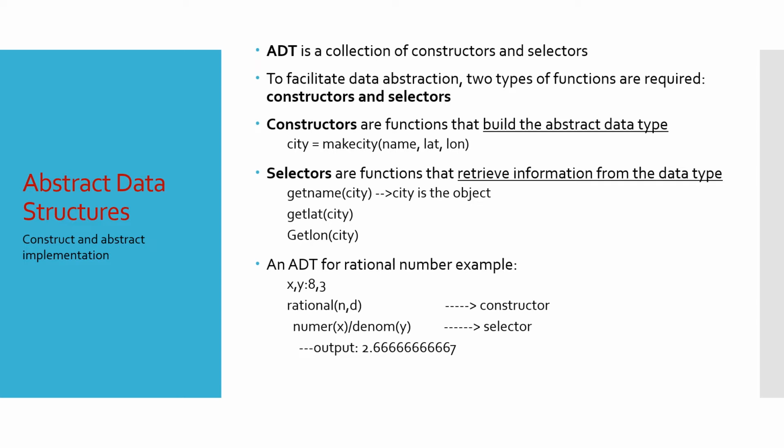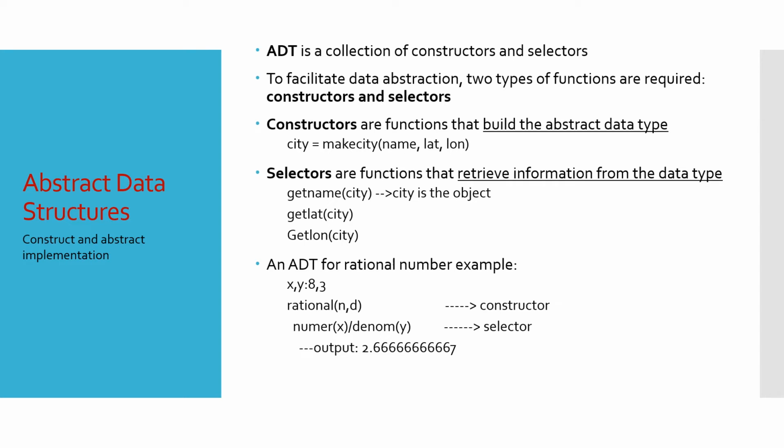So selectors are functions again that retrieve information from a defined data type. So in the above example, we have already defined a constructor called city, which forms the abstract data type. Now from there, if you want to retrieve the information about the city, for example, you want the name, you can use the command get name of the city, and you will get the answer.